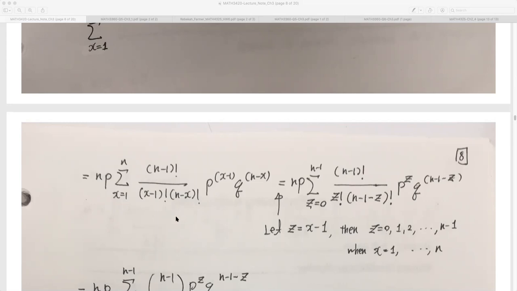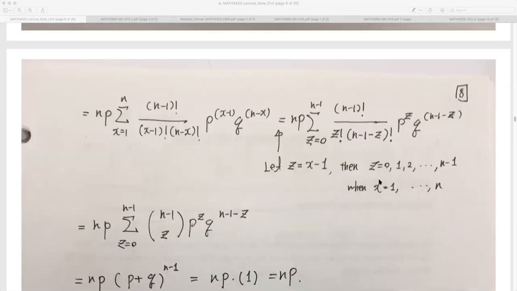So we're going to completely change a variable, like in calculus, in integration. We're going to change variable x to z. Okay, so z is going to be 0 to n minus 1, and the x minus 1 factorial is going to be z factorial, and then n minus x factorial is going to be n minus 1 minus z factorial, and then p to the z power and q to the n minus 1 minus z. Okay, so then this is going to be what?